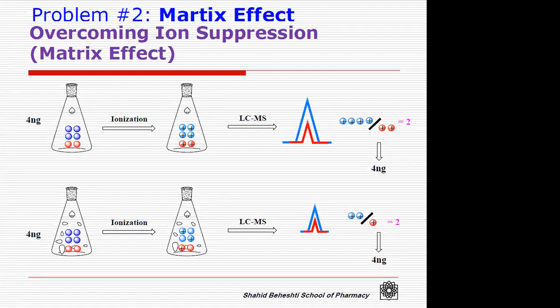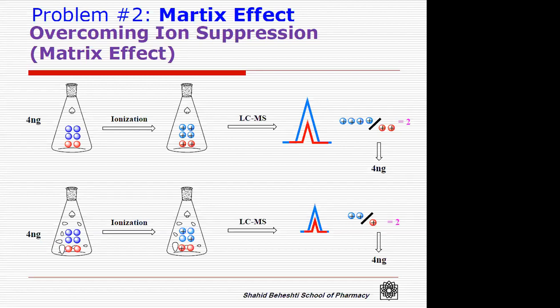This way, we could calculate and take into consideration the extraction efficiency and the matrix effect. By using a certain amount of labeled compound at the very beginning, we could compensate for the losses that we have during the sample preparation processes and during the ionization processes, which is the ion suppression.